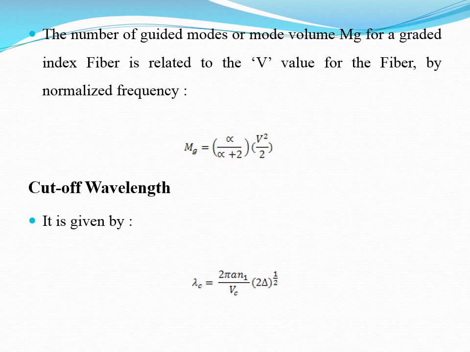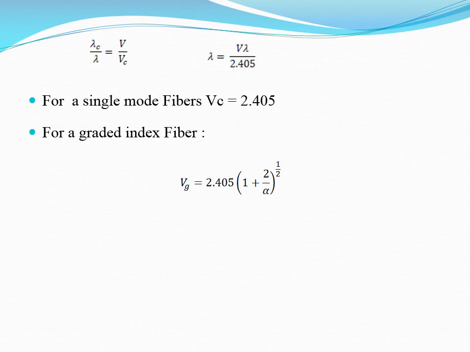And for graded index fiber and for multimode operations of any fiber, it is going to be different. So we can see that lambda is V lambda c by 2.405, just by considering V is equal to 2 pi a n1 into 2 delta to the power half by lambda.